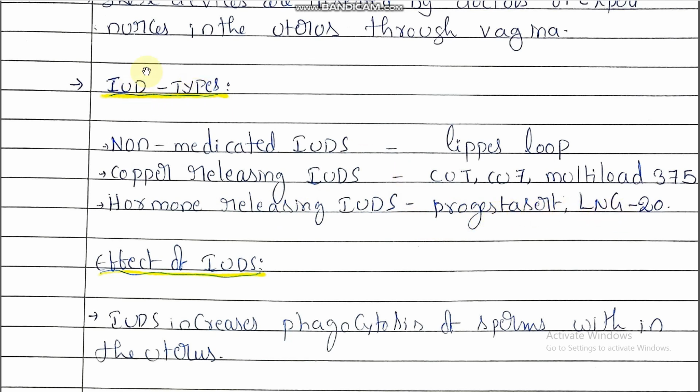So the three different types are non-medicated IUDs, copper releasing IUDs, and hormone releasing IUDs. Up to this clear? These are the three different types of IUDs and examples.